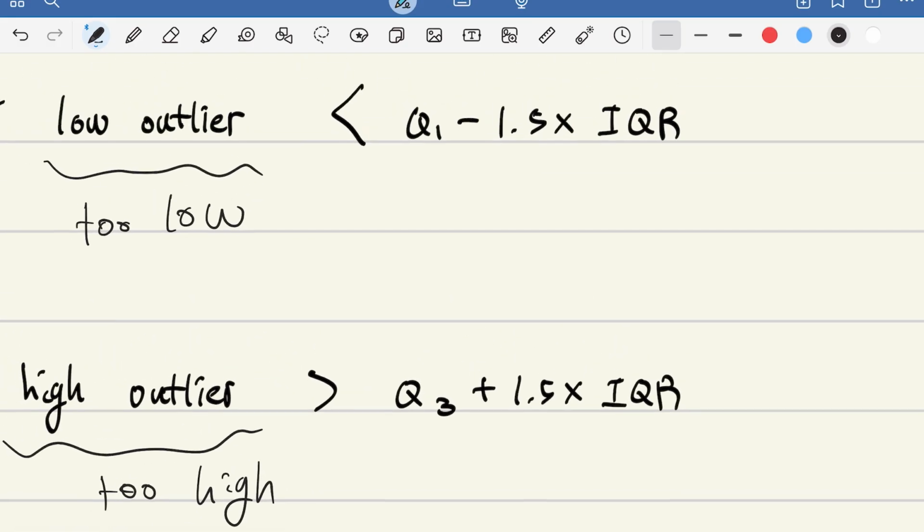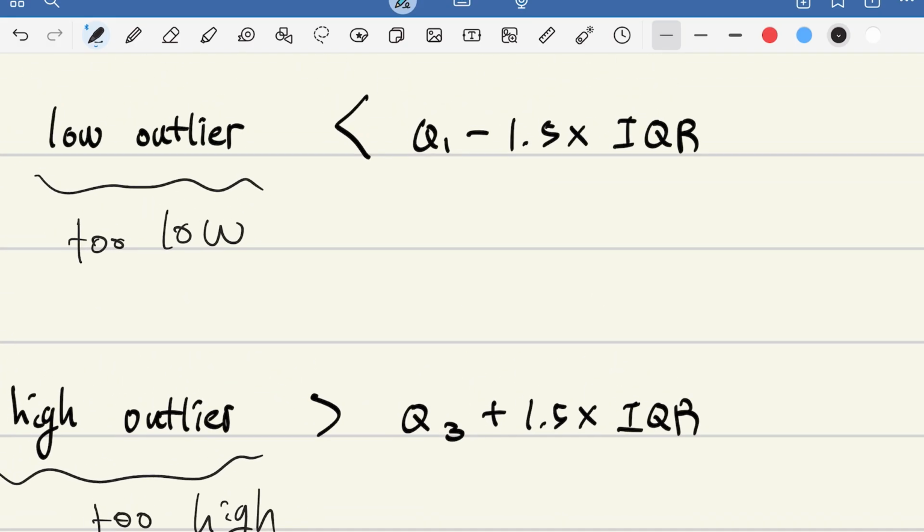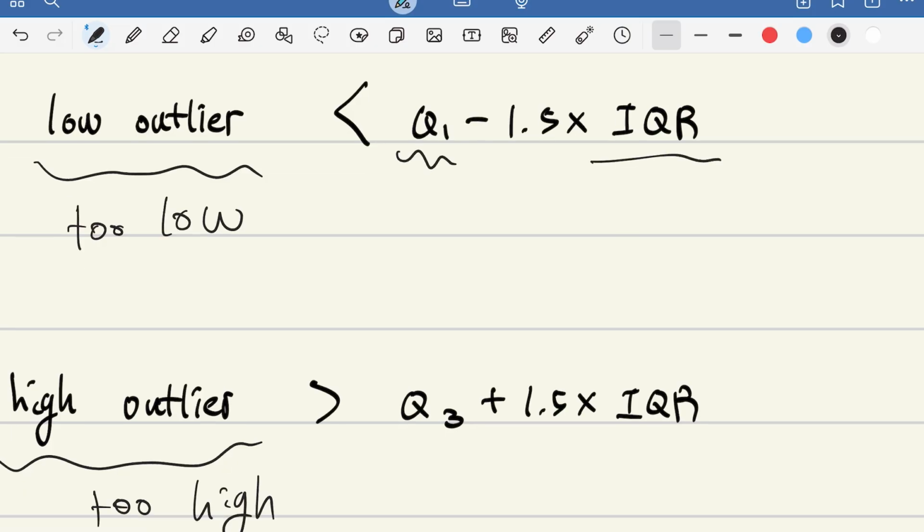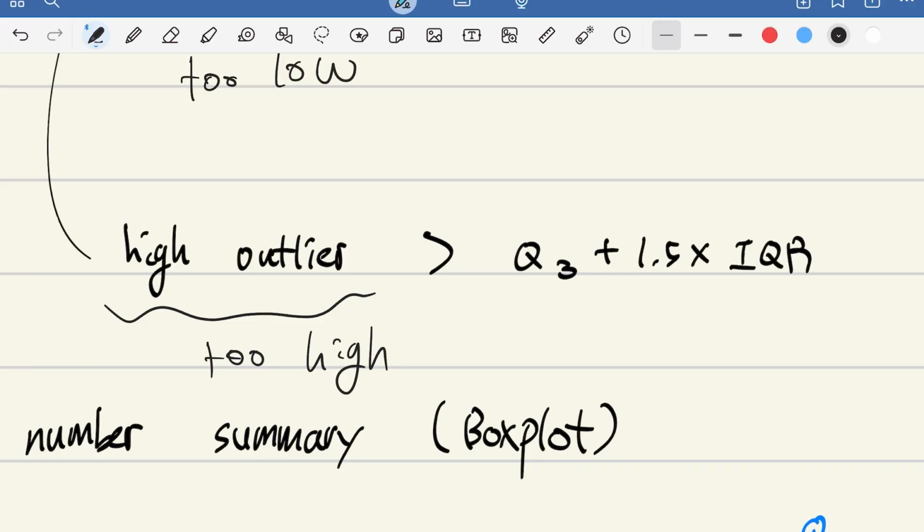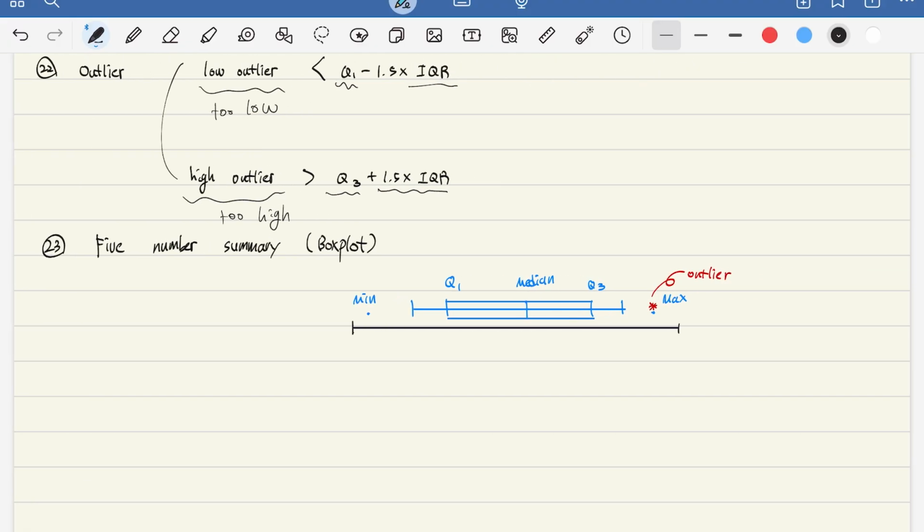The low outliers are the values smaller than the first quartile minus 1.5 times the IQR, and the high outliers are the values larger than the third quartile plus 1.5 times the IQR.